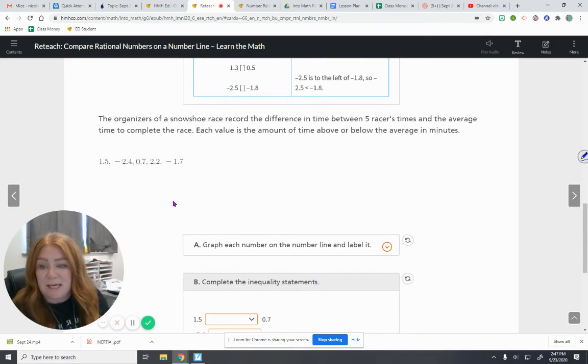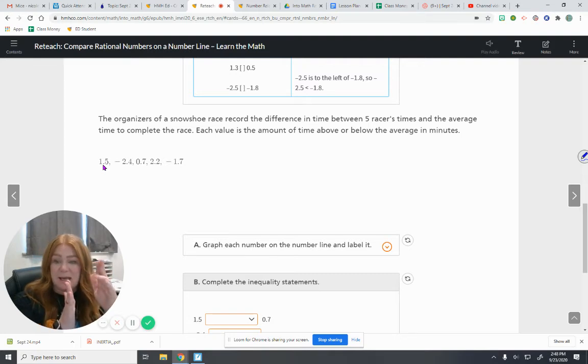Okay, so we have one here. The organizers of a snowshoe race recorded the difference in times between 5 racers' times and the average time to complete the race. Each value is the amount of time above or below the average in minutes. So 1.5 has to go to the right, 1 whole place and 5 more tick marks.